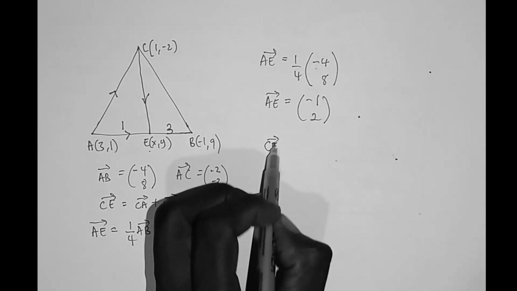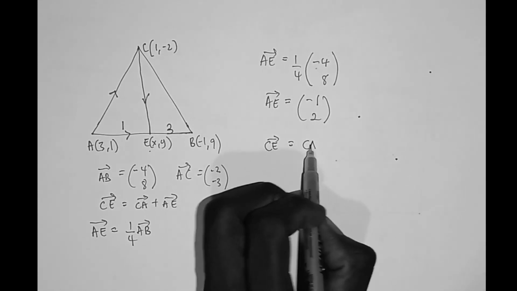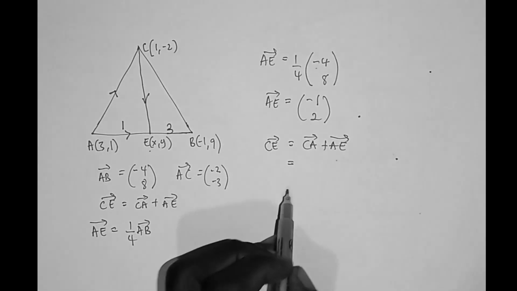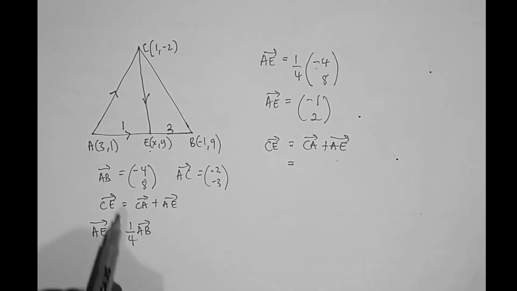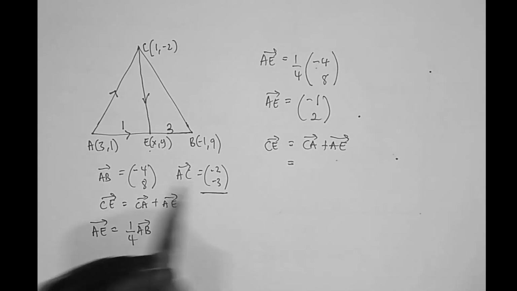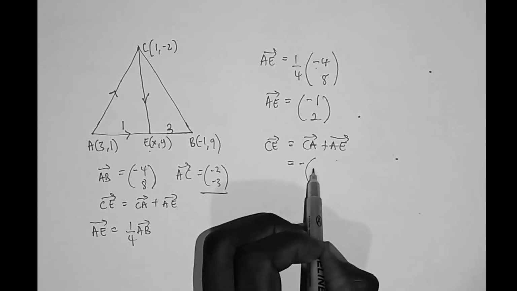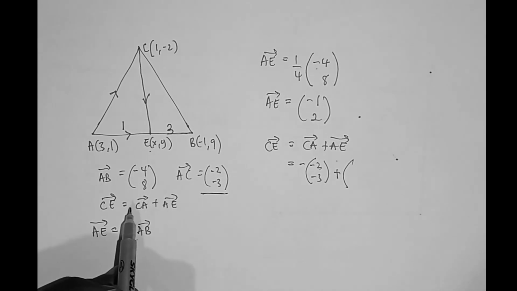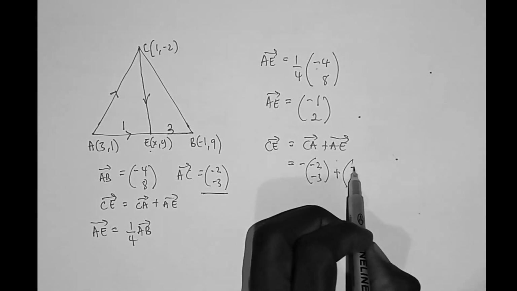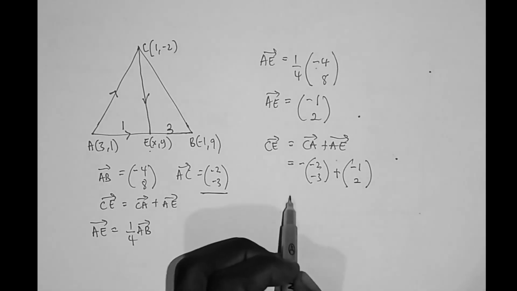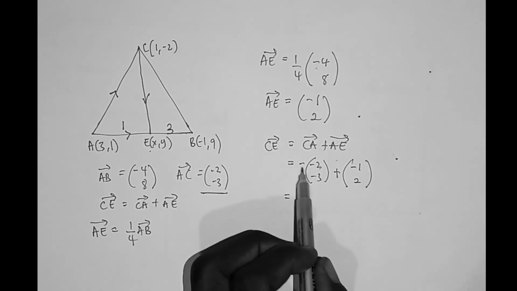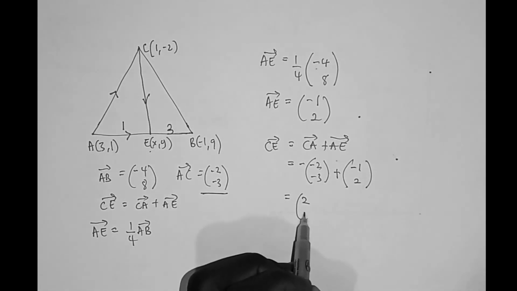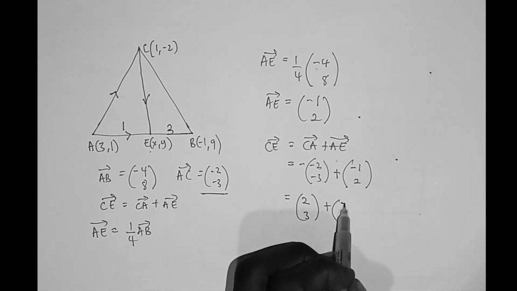So since we know AE and CA, we can find CE. So vector CE, which is equal to vector CA plus vector AE, is equal to CA. But we know AC. AC is this. So CA is -1 times -2 is 2, -1 times -3 is 3, plus AE, which we found, -1 and 2.